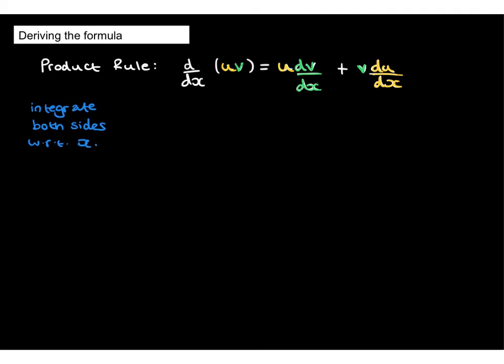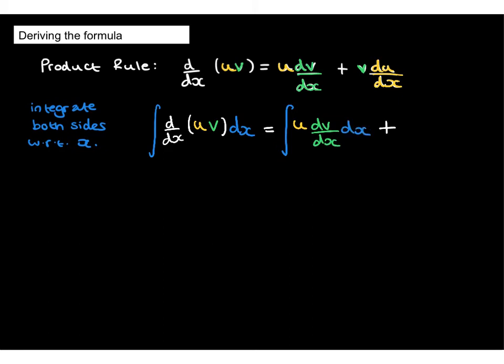So I can write that out in the following way. I've got the integral of d by dx of uv with respect to x is equal to the integral of u dv by dx with respect to x plus the integral of v du by dx with respect to x.